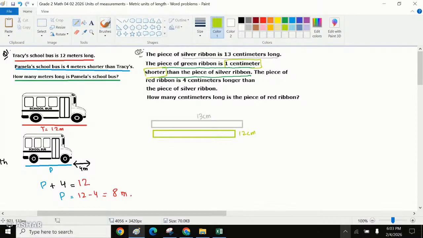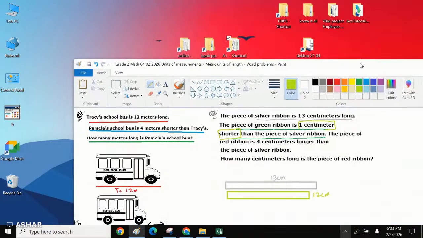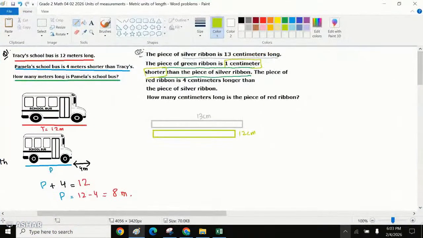Okay. The piece of red ribbon, sorry, just a moment, please. The piece of red ribbon is 4 centimeters longer than the piece of silver ribbon, right?